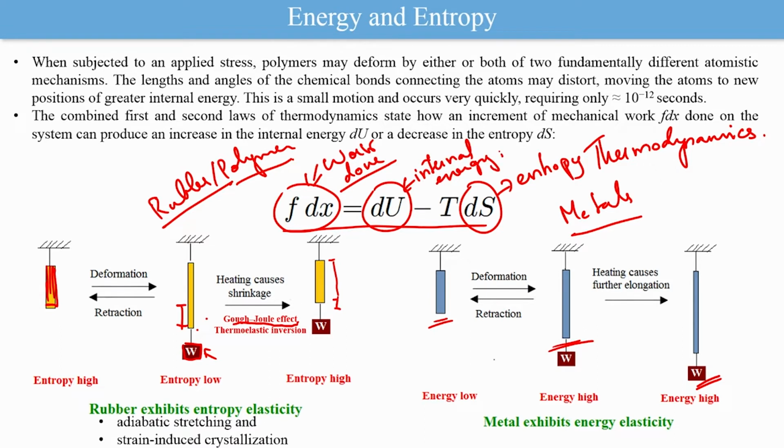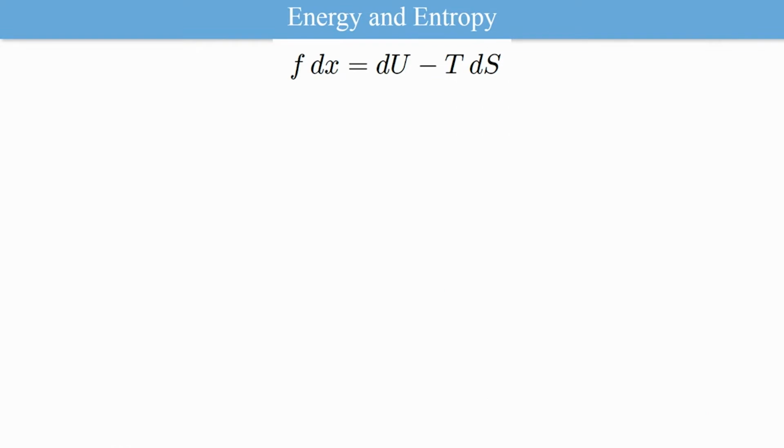Now, said this, but still how does it actually cause this material behavior in rubber as well as metal? How does this change happen? That is because of a specific effect that happens in polymers or rubber, that is adiabatic stretching and strain induced crystallization.